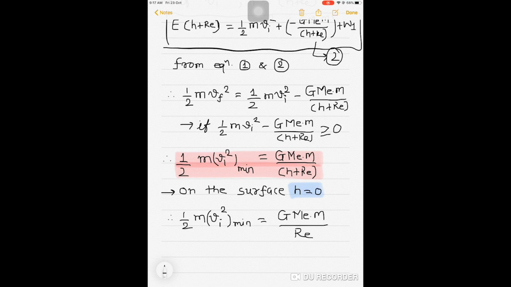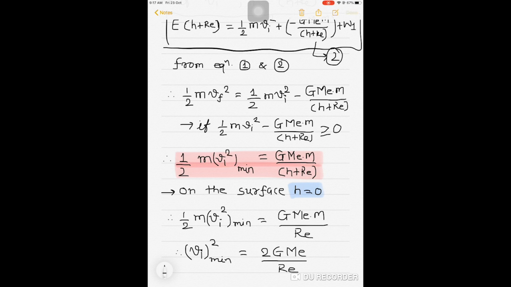Now if we go with the minimum condition, we can have vi square equals 2G Me over Re.